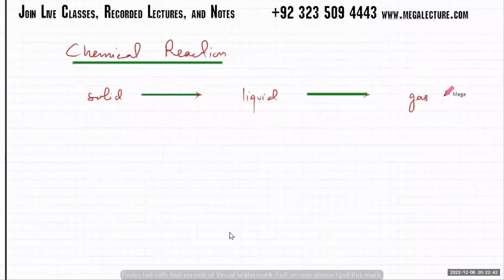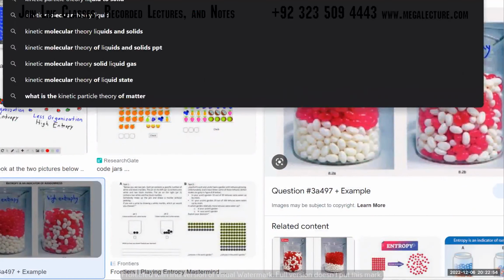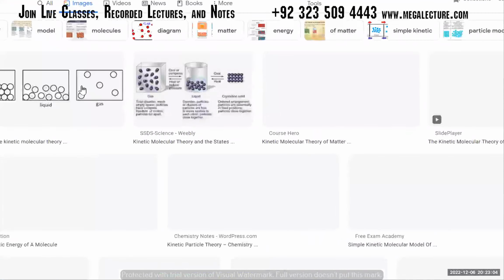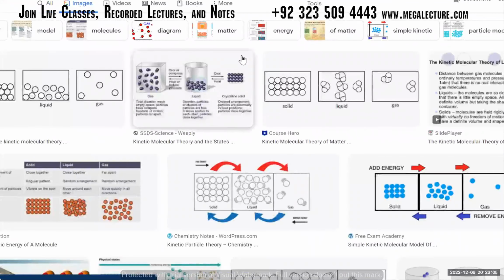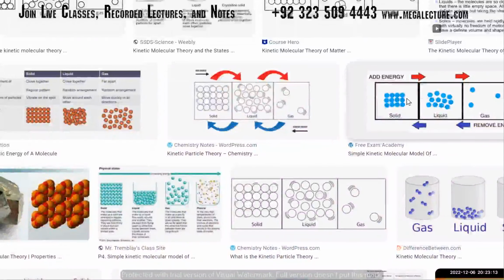Okay, so which state is ordered and which state is disordered? Let me take a picture from here for a second. Solid, gas. So let's do this.